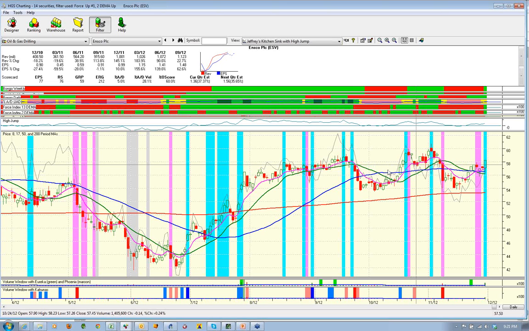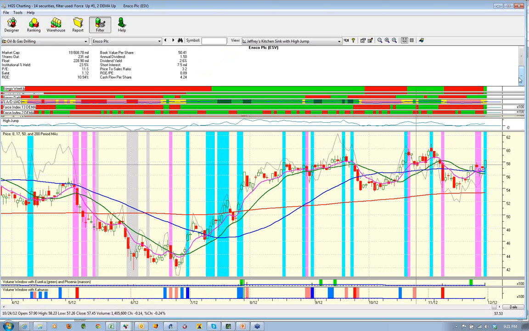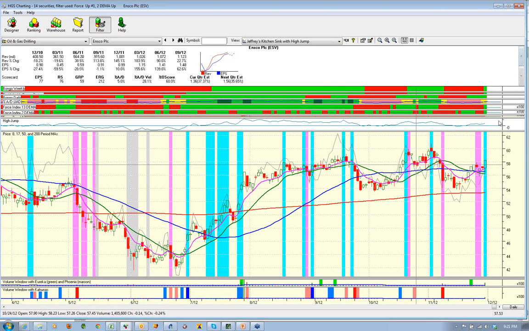I'm going to give it a little liberty here, to the point now where it's nowhere close to the high jump bar. Everything has turned green. It makes money, had a pocket pivot, had huge volume come in, pays 2.6%. Well, this is a stock that then moves to my list of potential buys. And I would call this a stock that's pulled back, and now it's ready to run.